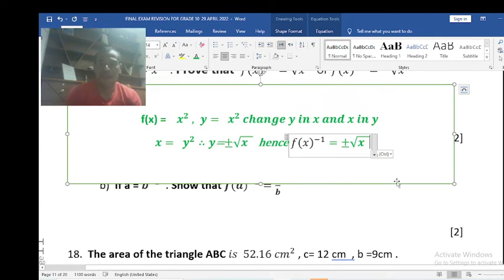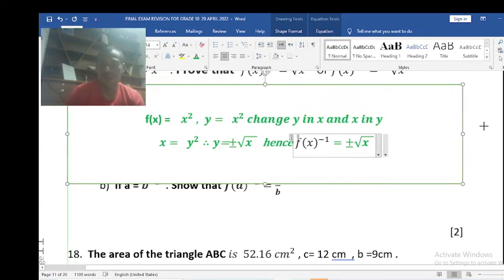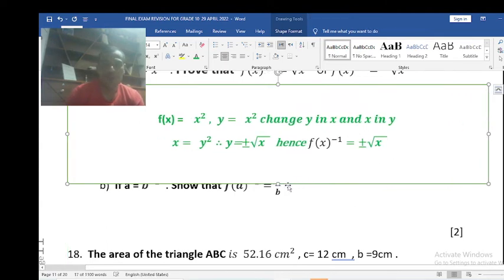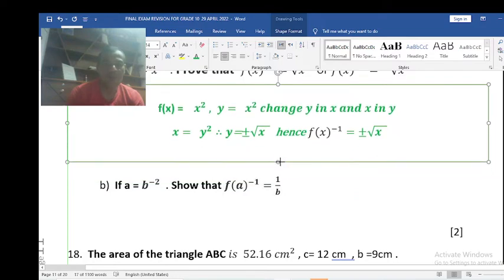Okay, now for the next one, the second part: prove that if a equals b to the power negative 2, show that f minus 1 of a, the inverse function of a, is 1 over b.